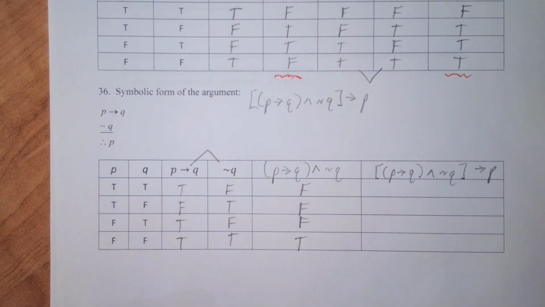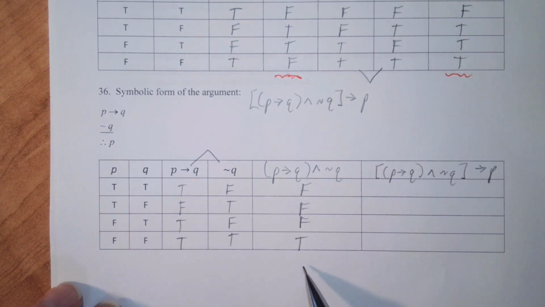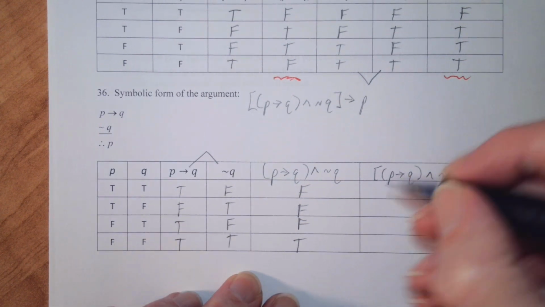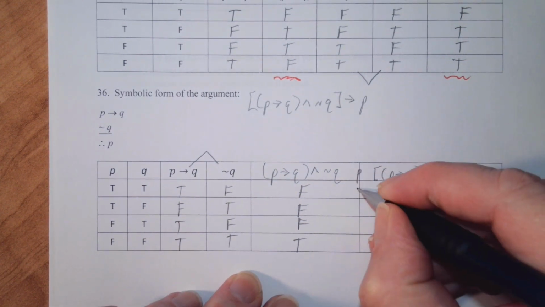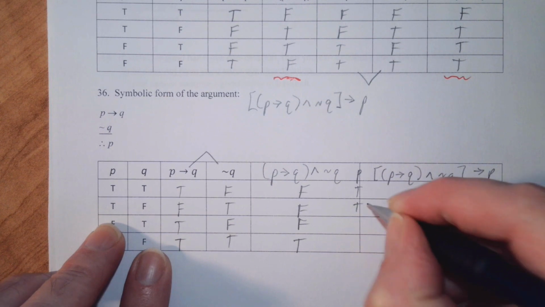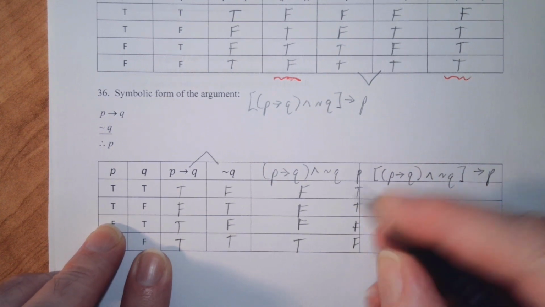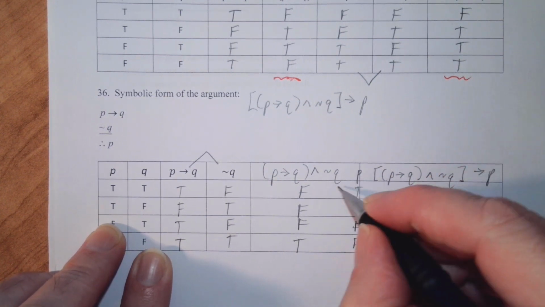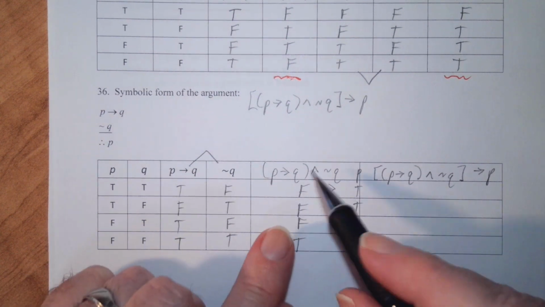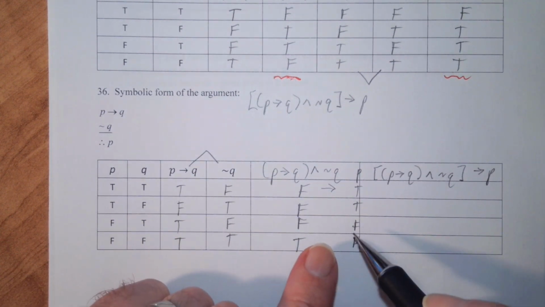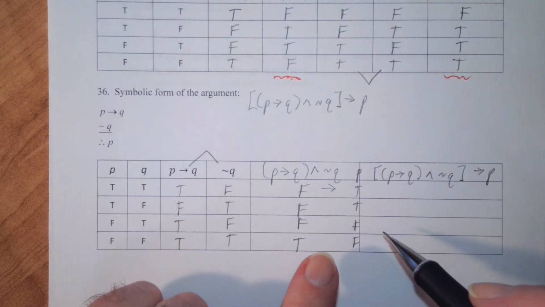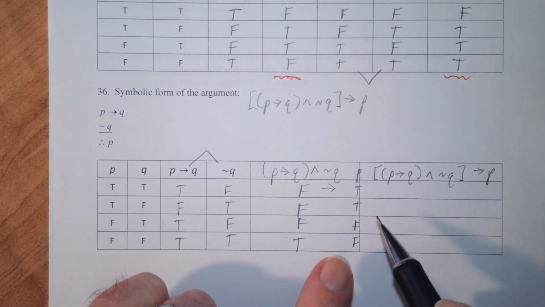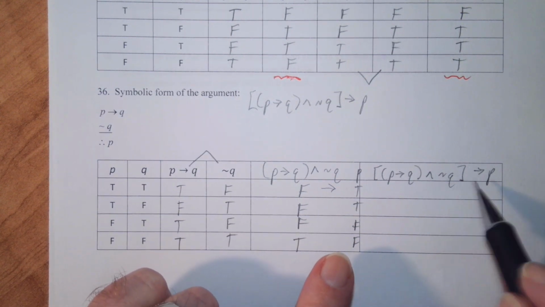All right, so finally, we want to know if this implies P. Now, you could draw an arrow back this way, but I'm going to put P right here, and the truth values are true, true, false, false. Basically, I want to see if what we have here implies what's here.